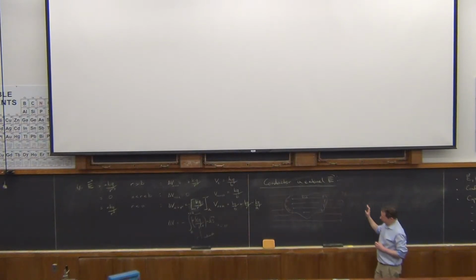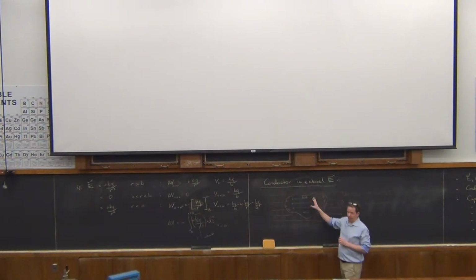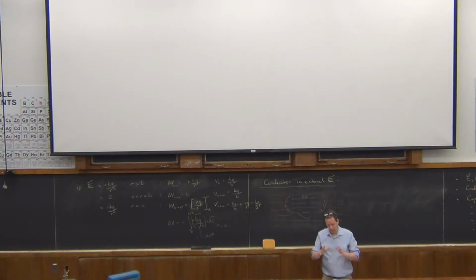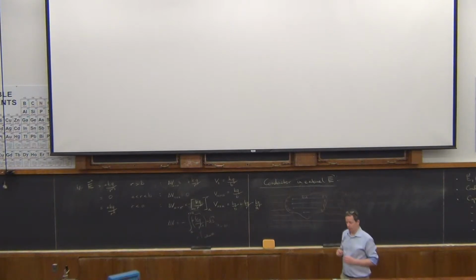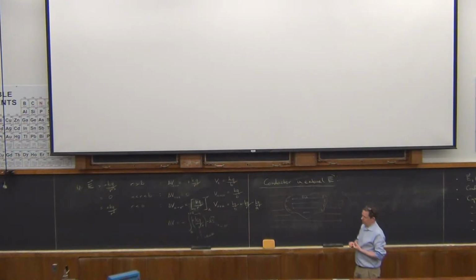Just one footnote when we're talking about external electric fields: it's very much analogous to the situation we saw a few moments ago with induced charge within conductors. So again, the electric field inside is always zero. Okay, so let's change direction and start talking about capacitance, and then if there are still some questions about this, at the end we'll come back and talk about it.